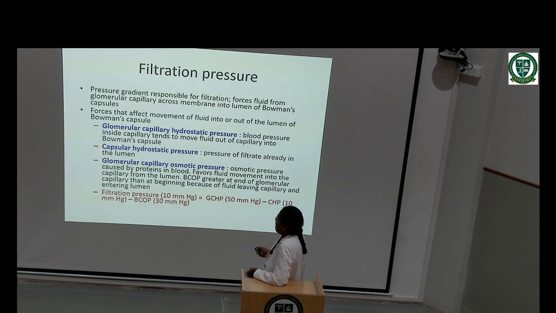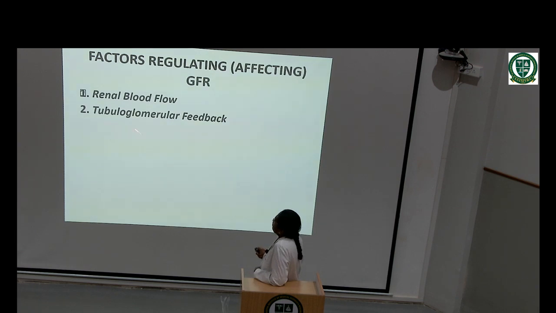Third is glomerular capillary osmotic pressure, also called Bowman's capsule osmotic pressure, around 30 mmHg, which is greater at the end of the glomerular capillary than at the beginning. From all this we get a filtration pressure of 10 mmHg, 50 minus 40 is 10. Coming to factors regulating GFR.